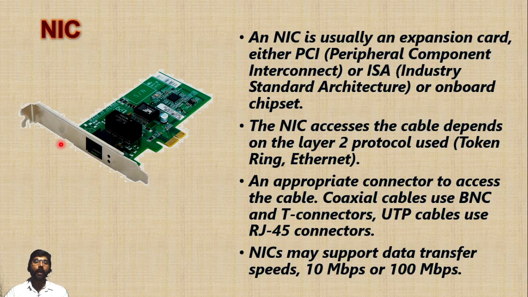UTP cables use RJ45 connectors, whereas coaxial cables use BNC or T connectors to connect to this NIC device. This NIC can support 10 megabits per second to 100 megabits per second of data transfer.